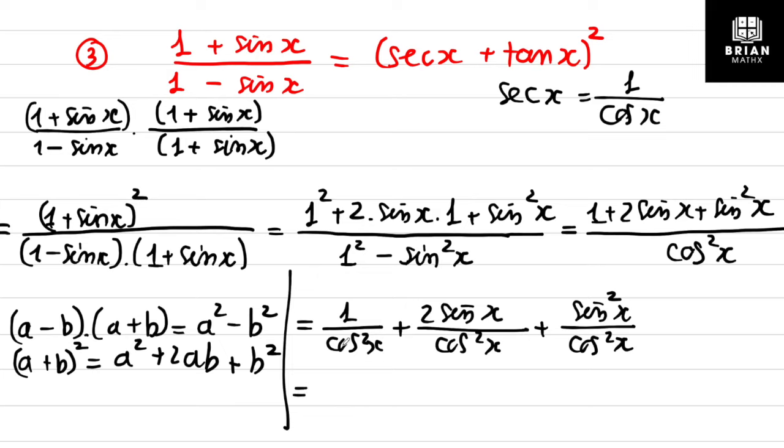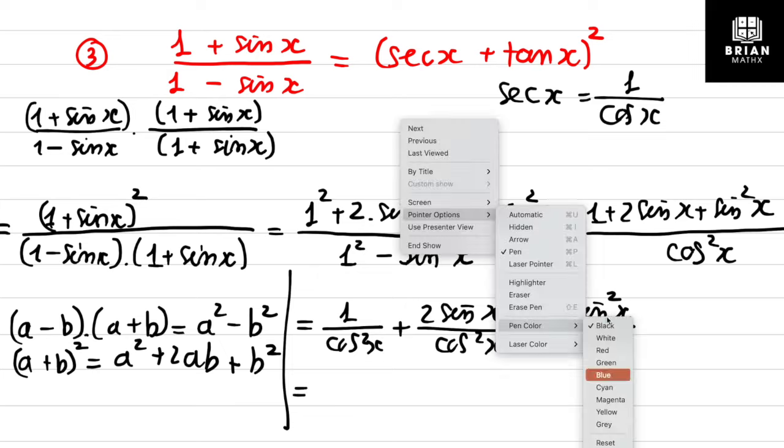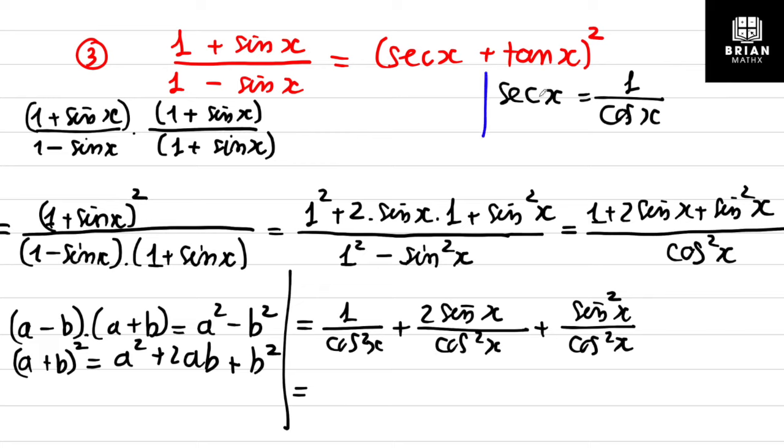Okay, 1 over cos square. Remember, I told you sec x equals the reciprocal of cos x, which means 1 over cos x. So sec square x is 1 over cos square x. So this one will become sec square x.